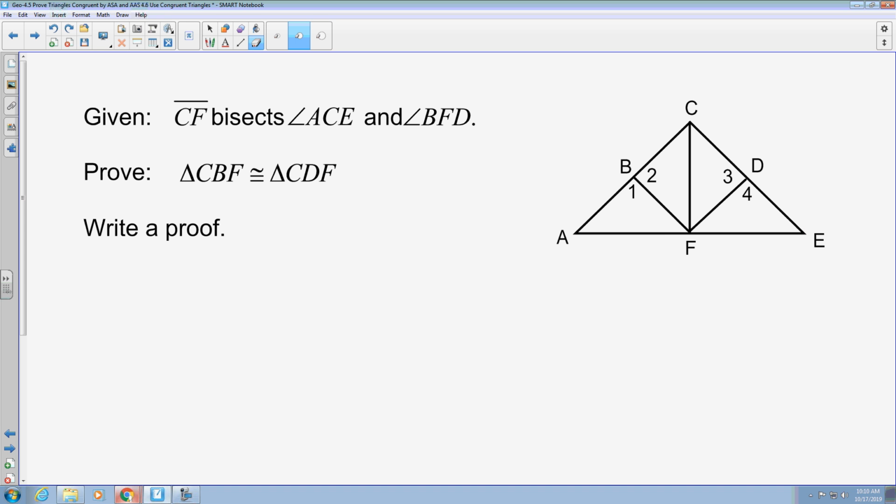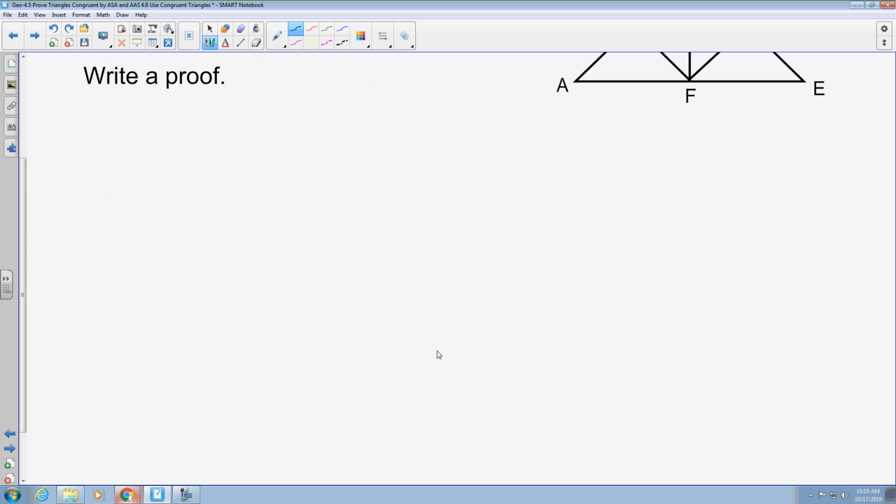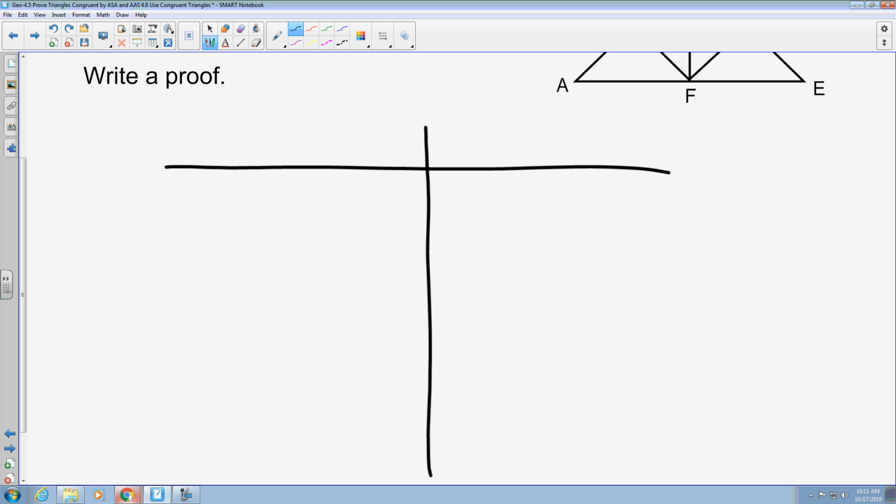Okay, so using similar ideas, since they didn't give us everything the same, we have to use this proof differently in order to write these. So again, we have statement and reason.